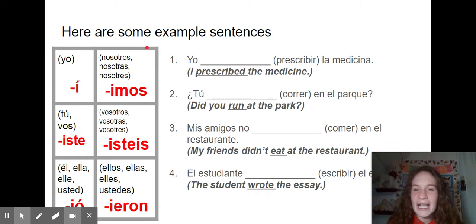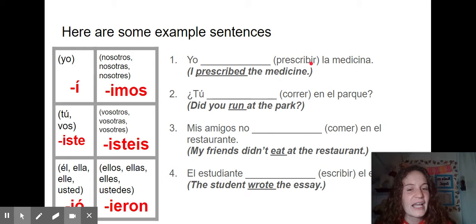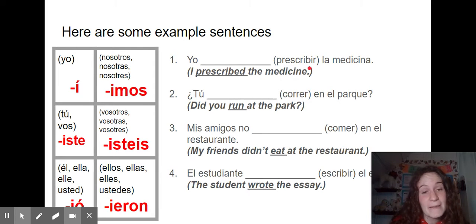So let's do a little bit of practice. Here's some examples. Here's that verb again, prescribir. We know by now, hopefully, step one is always take off the IR, ER, or AR. So in this case, it's the IR. I'm imagining that I'm taking off that IR at the end of prescribir. So now all I have is this part, prescrib.